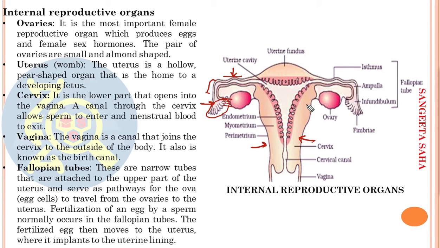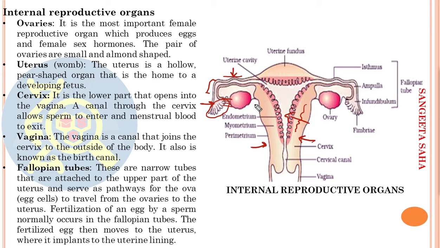The second part is somewhat muscular, and this layer is known as the myometrium. And the innermost part, which is fibrous in nature, is the endometrium. This uterus is the site for implantation.